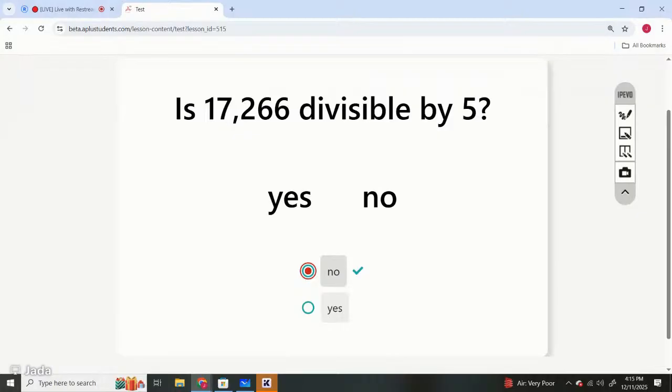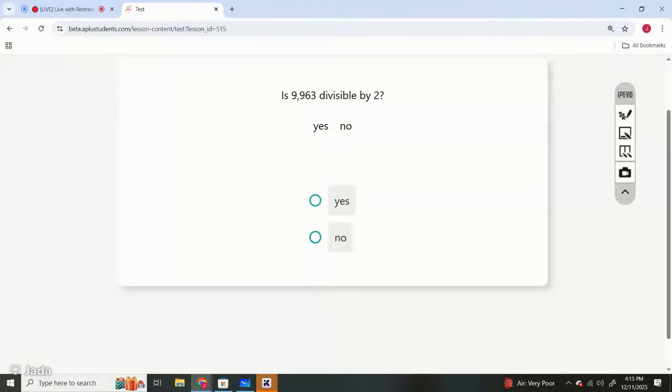Okay, is 9,963 divisible by 2? Yes or no? Which is the correct option?